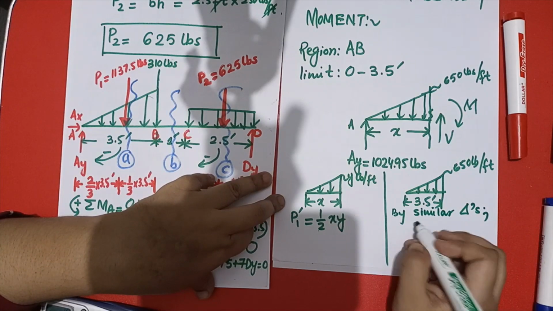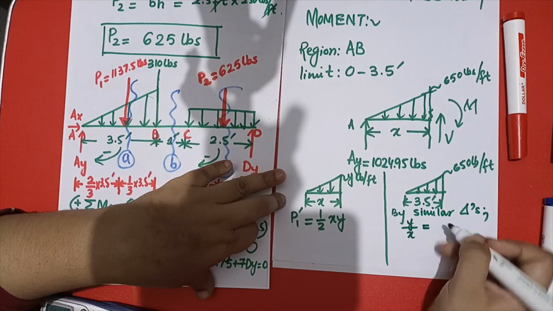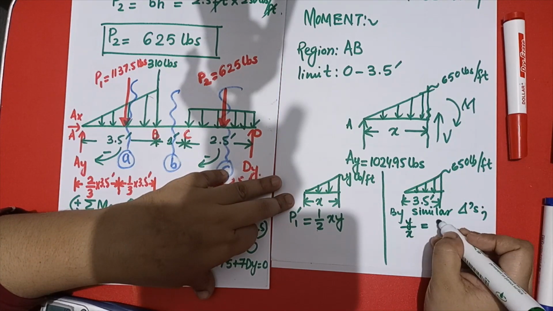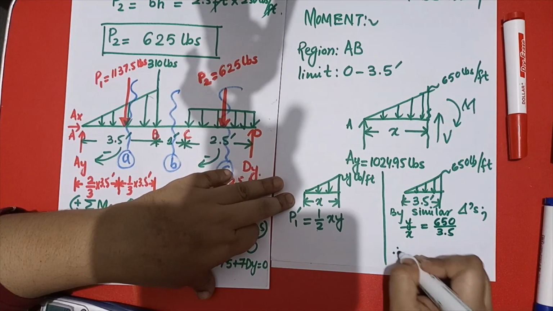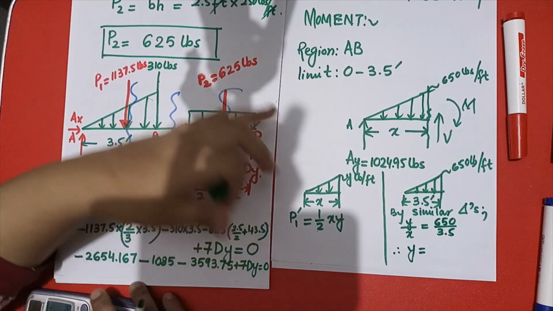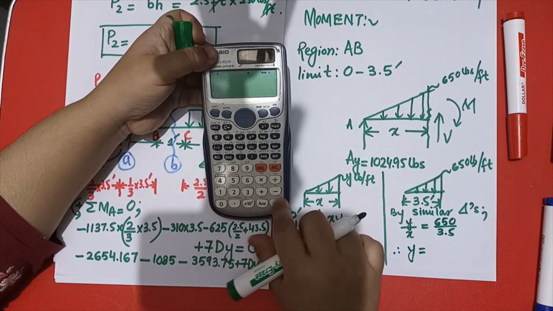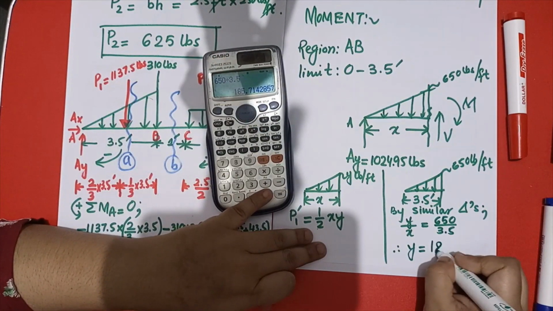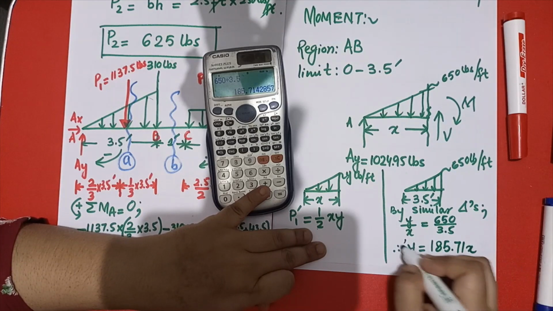So Y upon X is equal to 650, because I am taking Y up, so it will be 650 divided by 3.5. Therefore Y comes out to be what? Let me calculate it. 650 divided by 3.5, the answer is 185.71. So 185.71, and this is in terms of X.